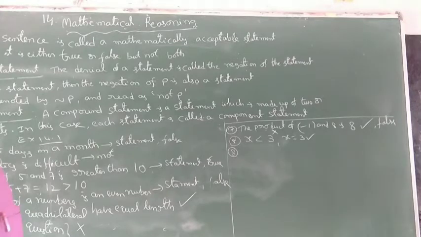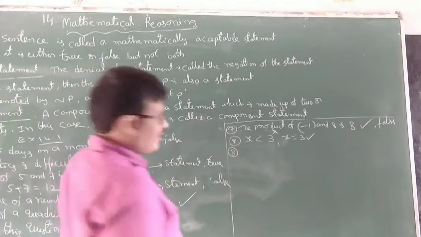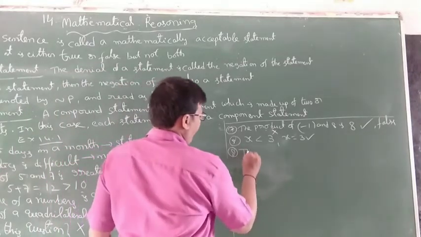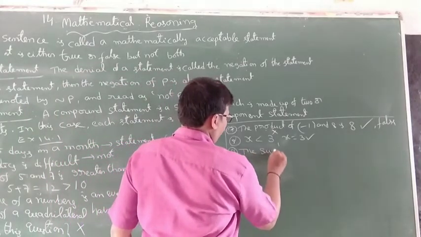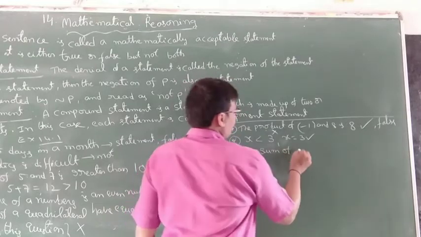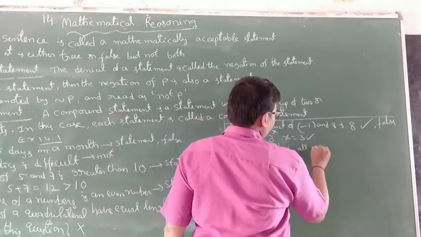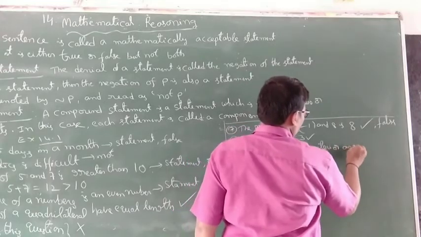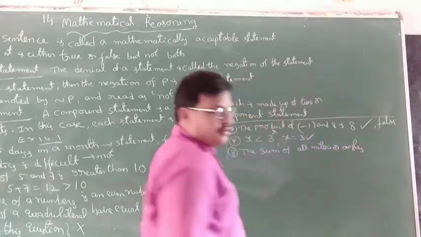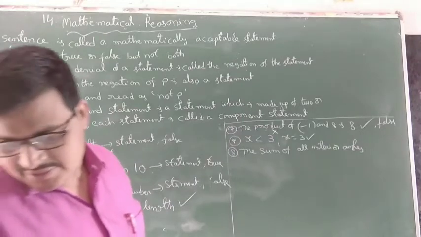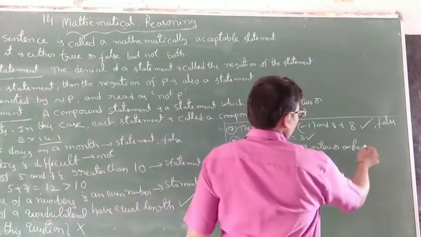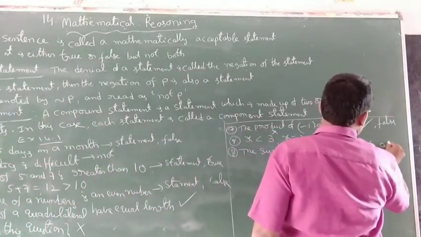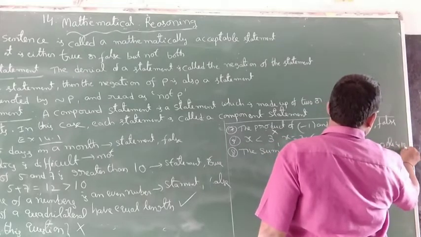Next, 8. The sum of all interior angles of a triangle is 180.